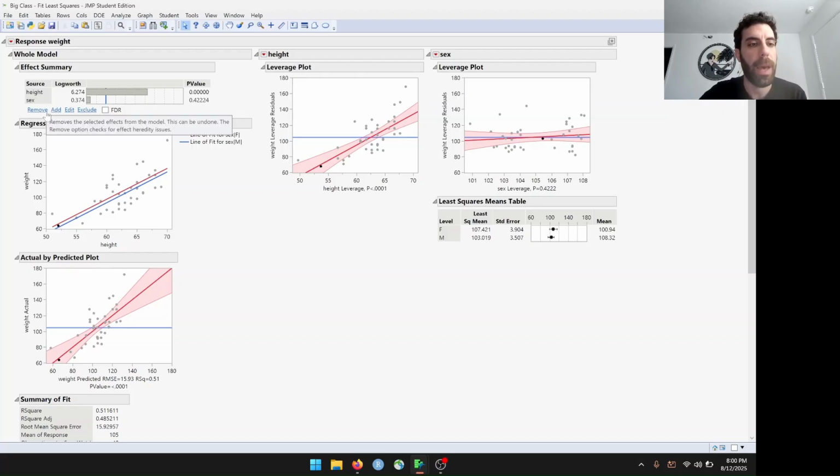And the reason for that is because it's categorical, and you can split the line essentially by each of those categories. So you're seeing female in red and male in blue. And that's kind of your two regression lines for each category. It would have been nice if they colored the points as well based on the gender they belong to. But this regression plot will change if you have multiple numeric variables.